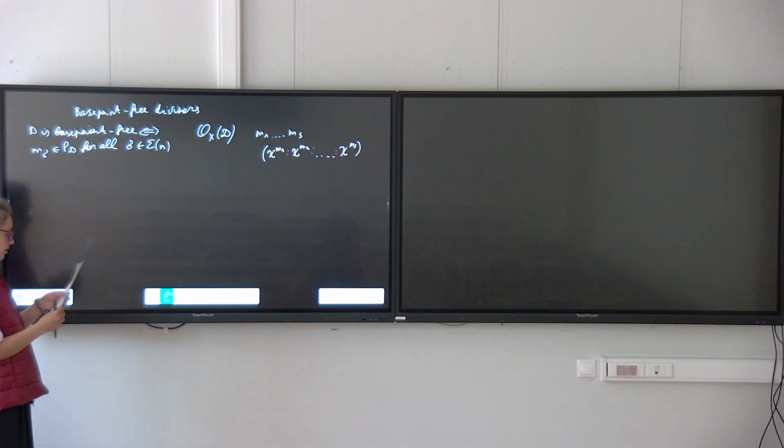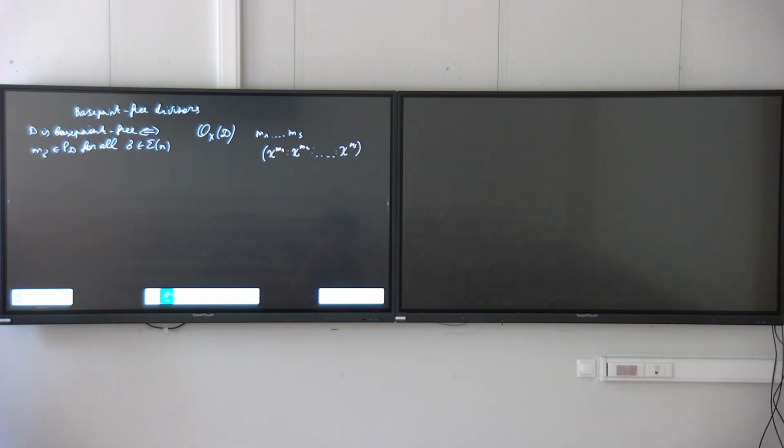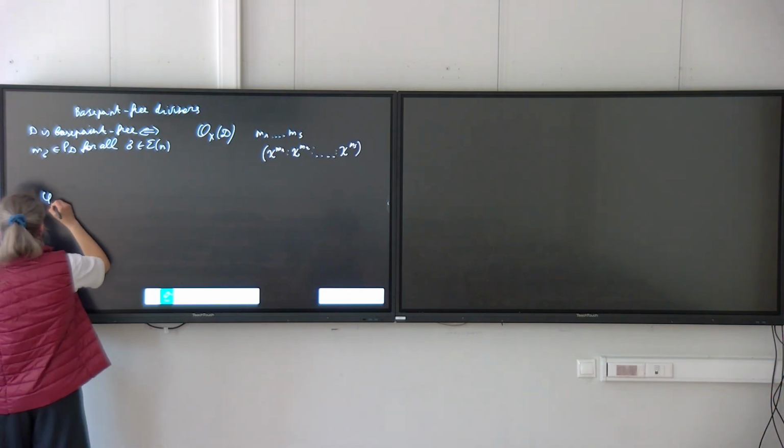and now we can generalize it in some sense. So, what do we want? First, let us say what is a convex function. Do you remember our function phi_D?